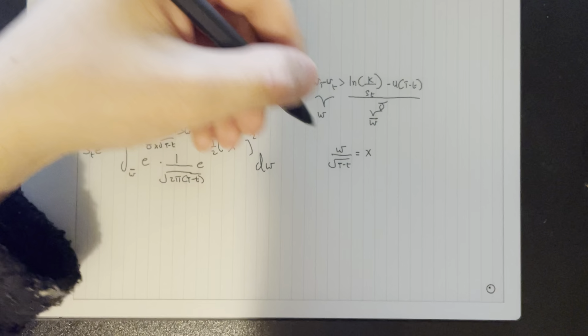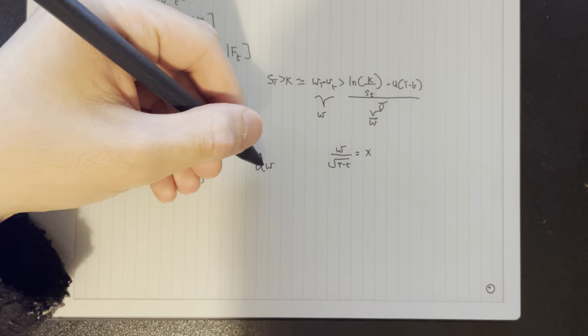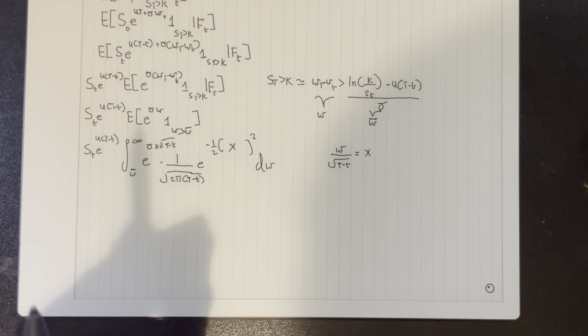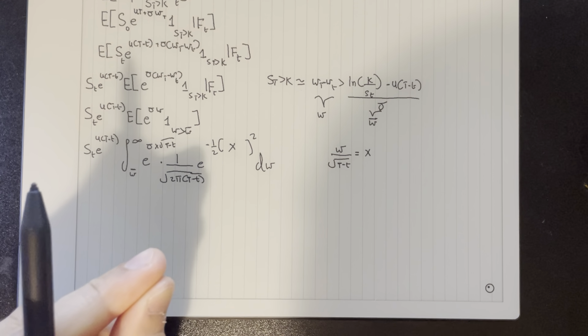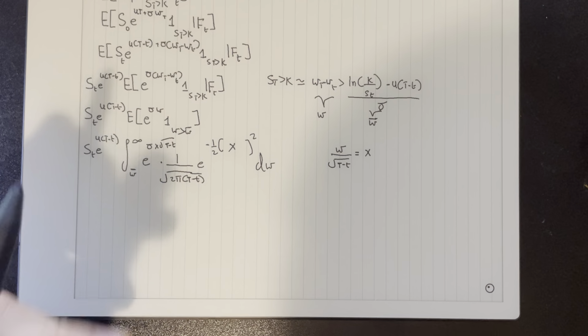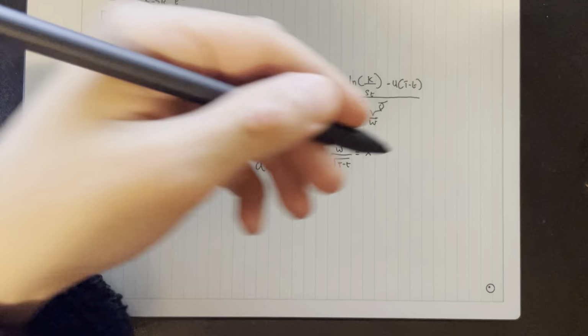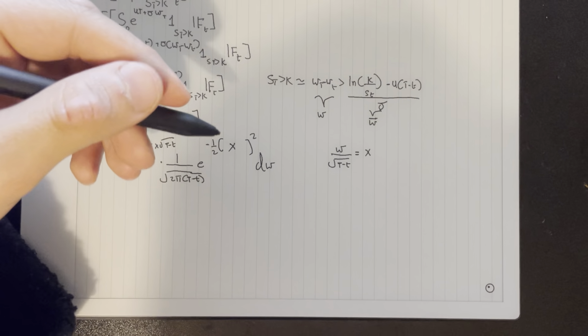And we also need to change the infinitesimal increments of the Brownian motion to be the increments of the new standard normal.